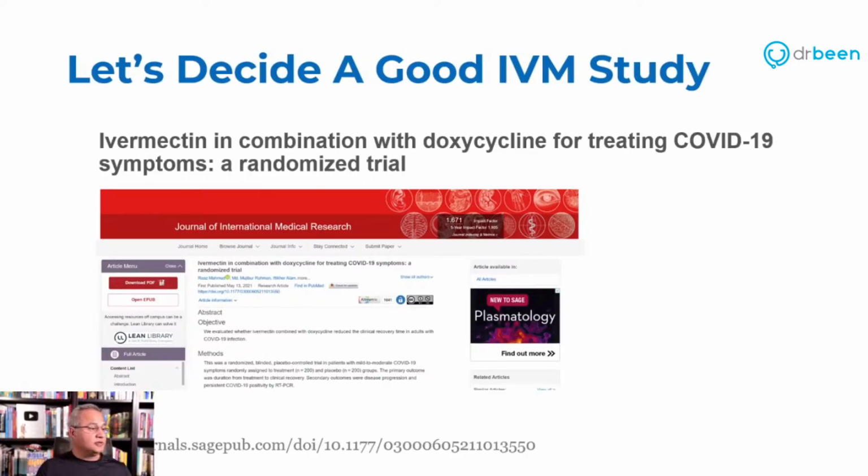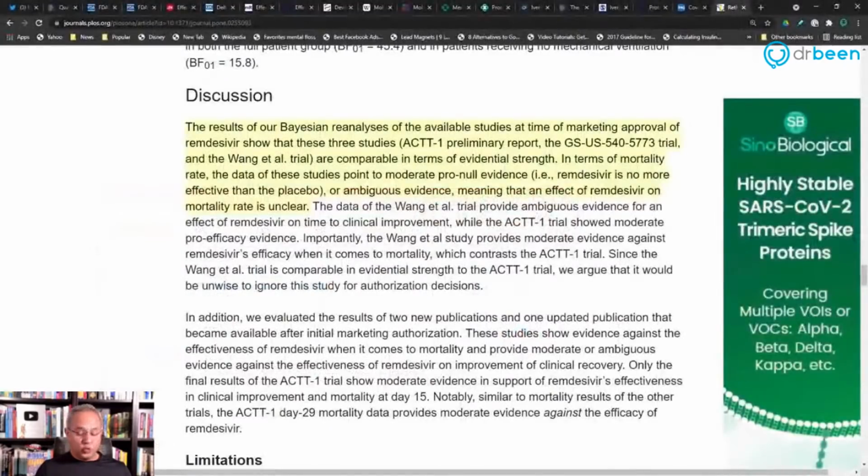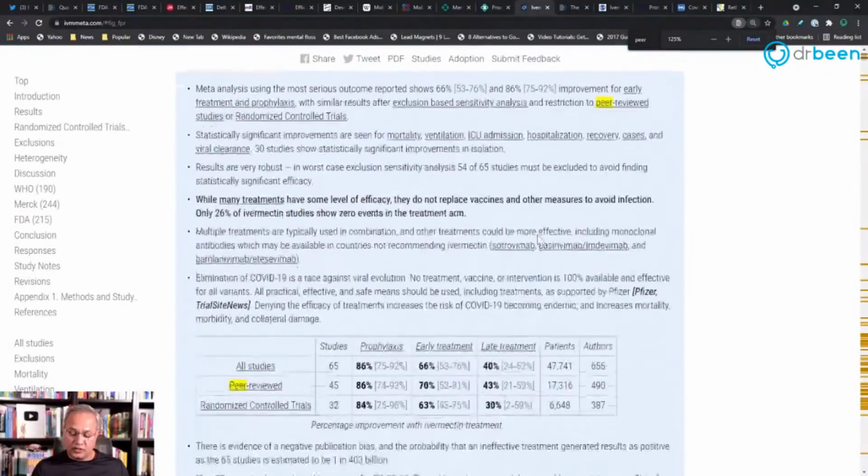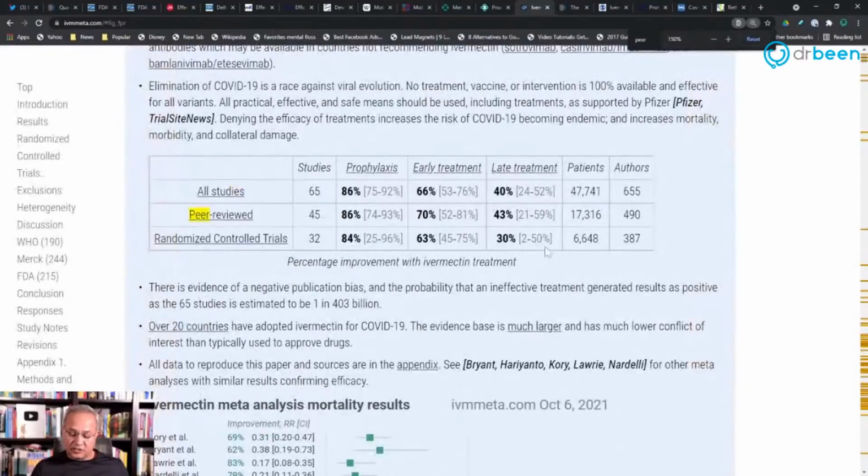So first, before I go there, if you go to Ivermectin, for example, meta-analysis, the meta-analysis has its own efficacy calculation. Let's say Molnupiravir.